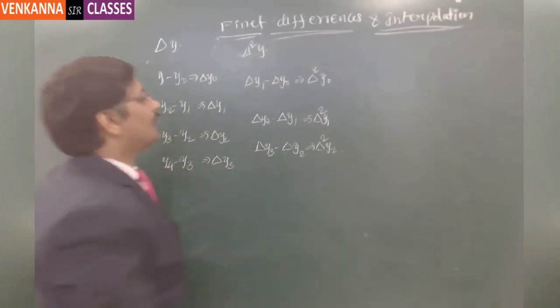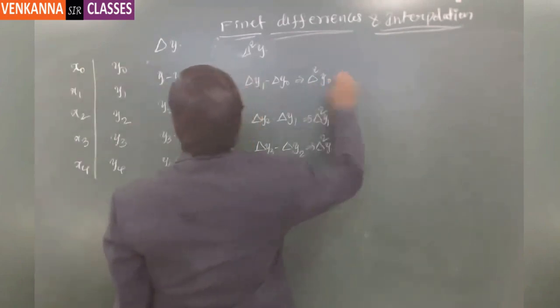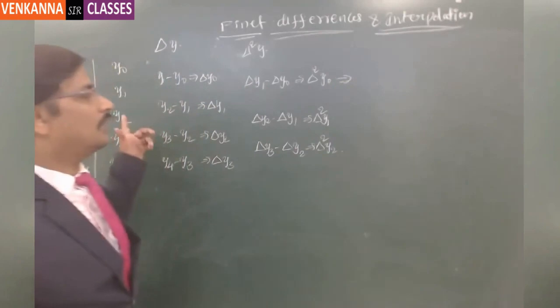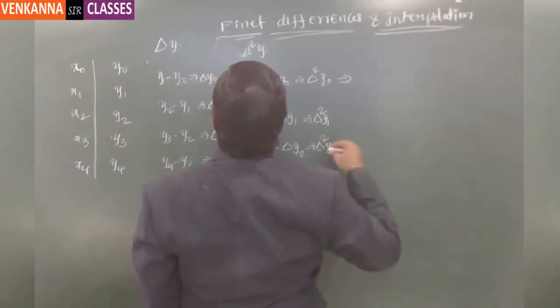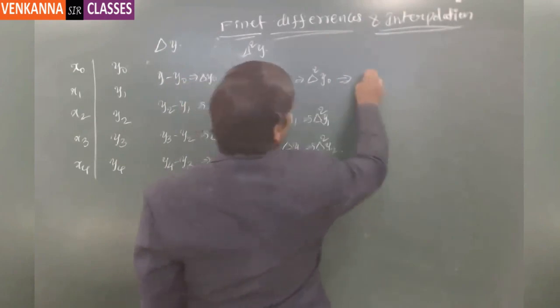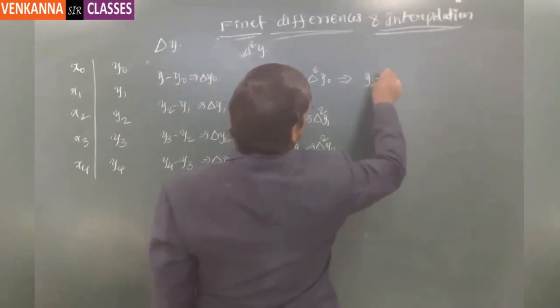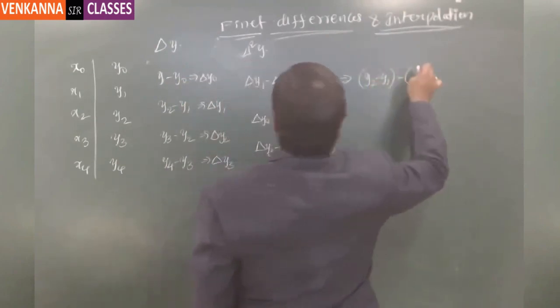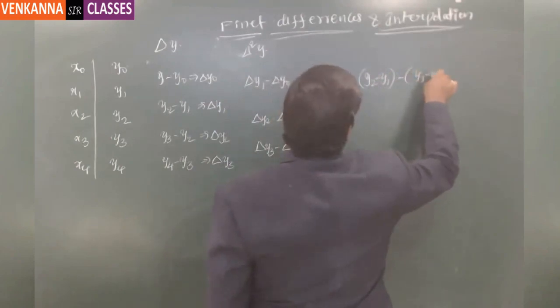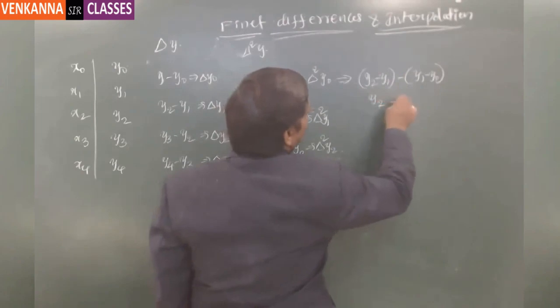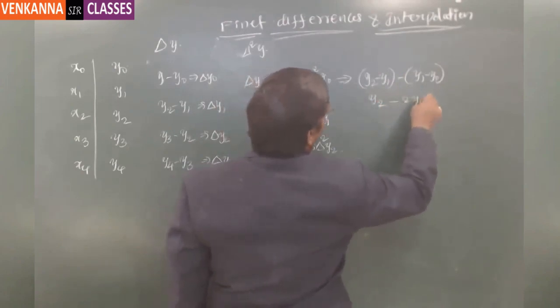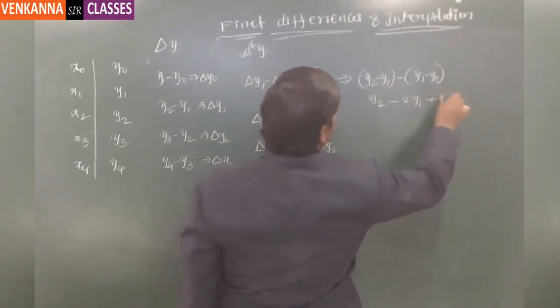If you want to calculate this value in terms of y, delta square y0 is y2 minus y1 minus y1 minus y0, and this value is y2 minus 2y1 plus y0.